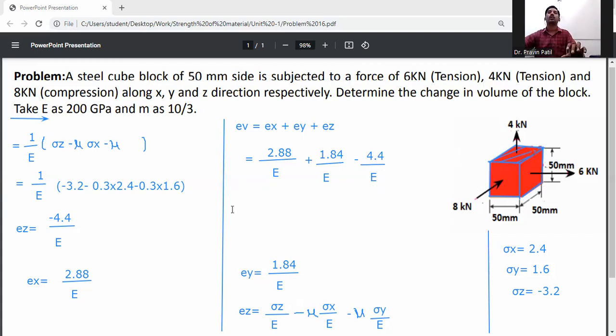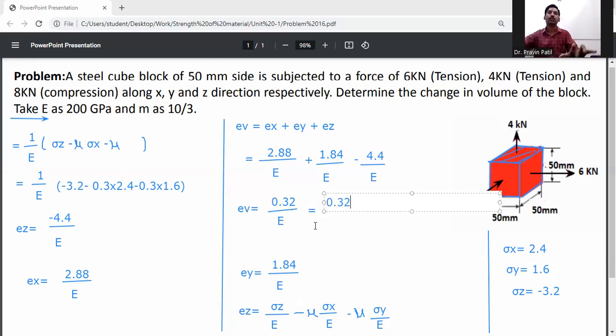So EV is equal to 2.88 plus 1.84 then minus 4.4. That will be 0.32 divided by E. Put all this value here.